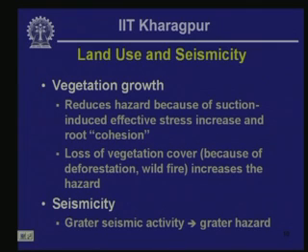So, what happens because of loss of vegetation cover, because of man-made deforestation or natural wildfire? If you lose a substantial proportion of vegetation in a given area, that increases the likelihood of landslide hazard. And then we have seismicity: greater seismic activity or greater frequency. If the frequency of earthquakes in an area is larger, then you have greater landslide hazard as well.